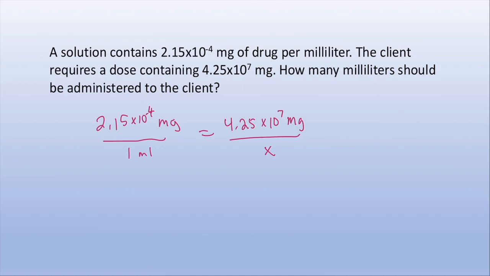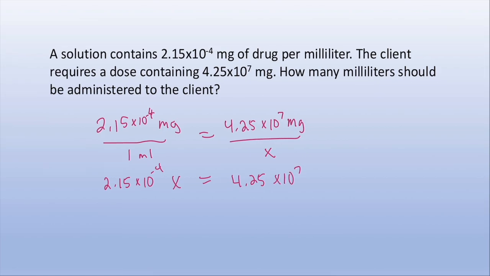So it really is going to be 2.15 times 10 to the negative fourth x equals 4.25 times 10 to the seventh, because 1 times anything is just that thing. So as you can see, what did we divide by? We ended up dividing by the 2.15 times 10 to the negative 4. So our x, which is our milliliters, is going to be that division.